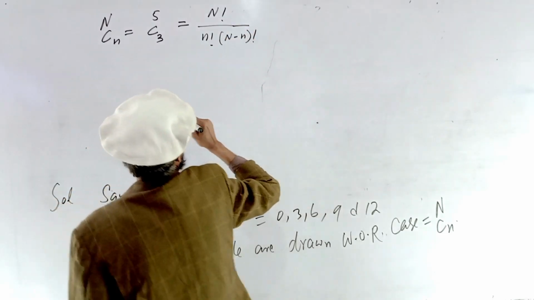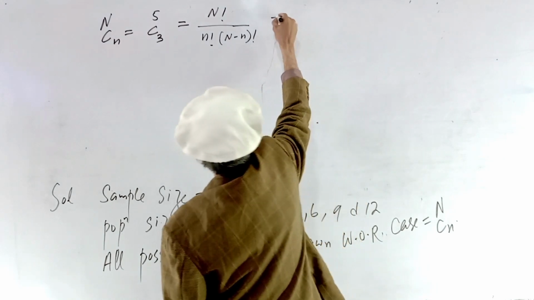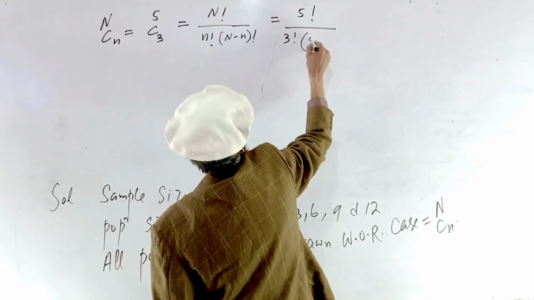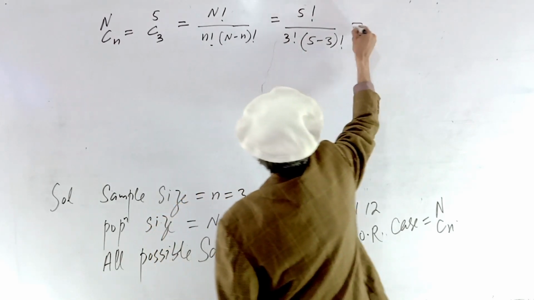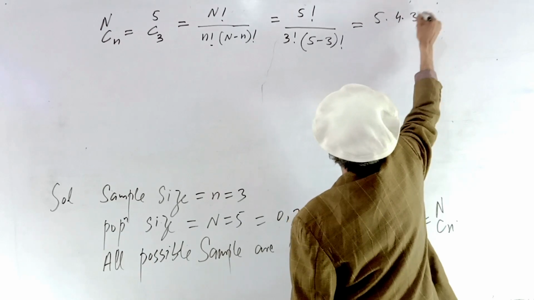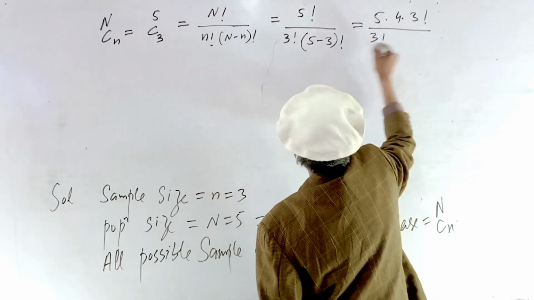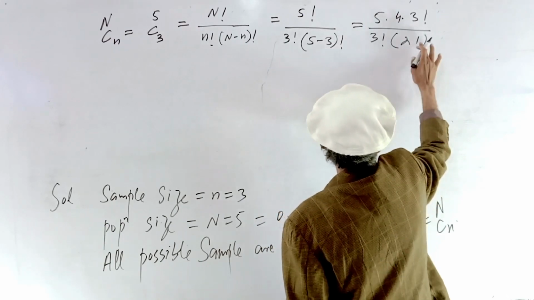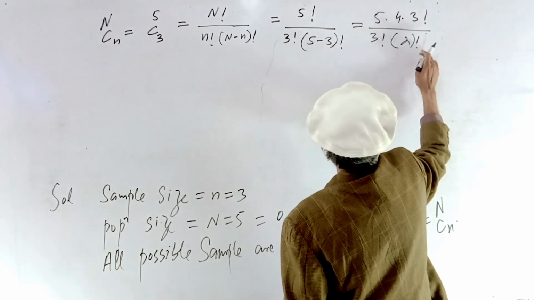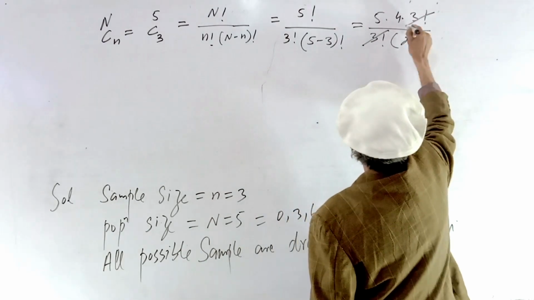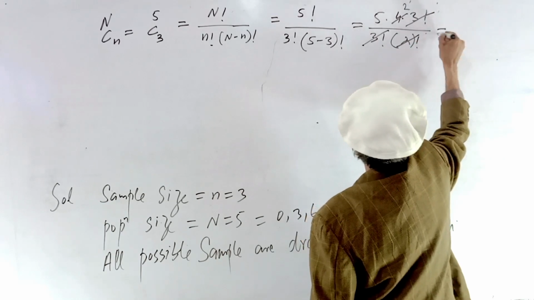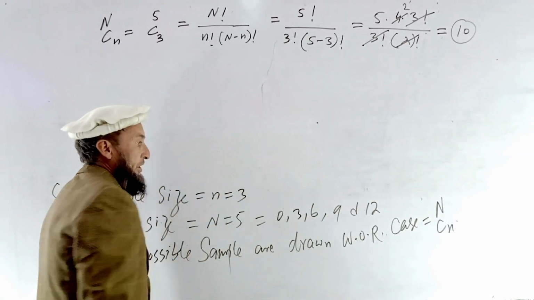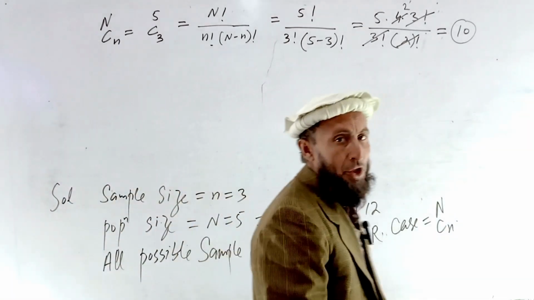Here N is 5 and n is 3, so 5 factorial divided by 3 factorial and 2 factorial. Expanding 5, 4, 3 factorial, the 3 factorial cancels, and we get 10. So 10 possible samples need to be drawn, and the sampling distribution is required.